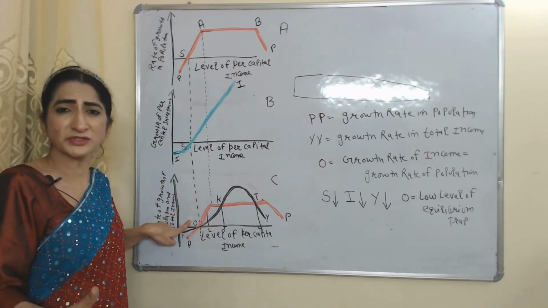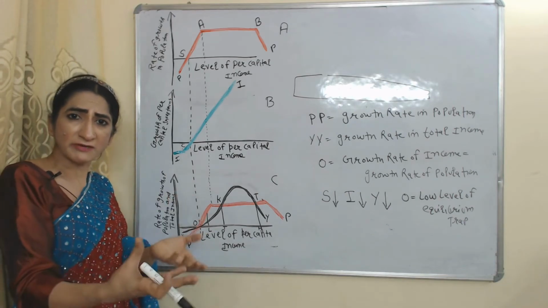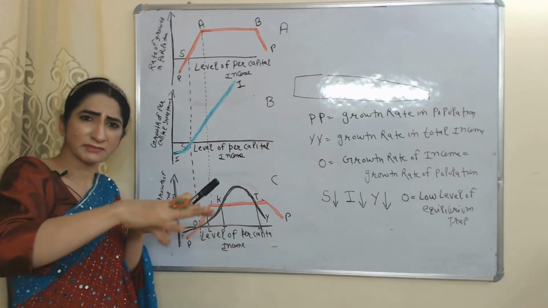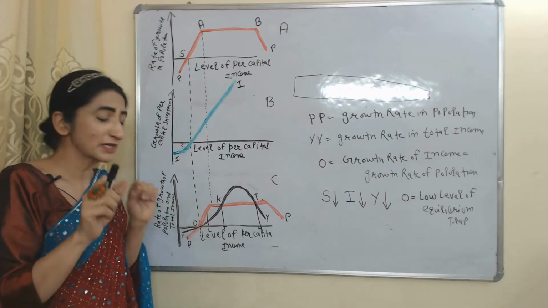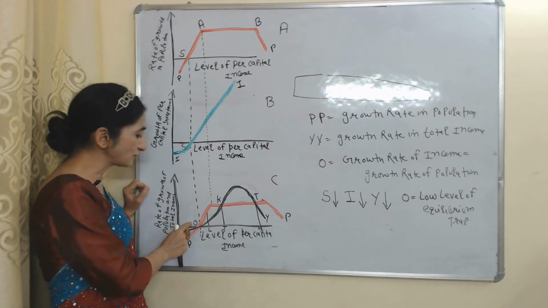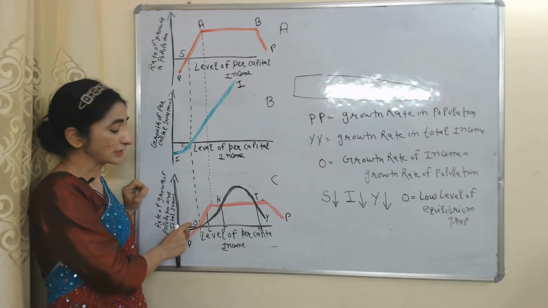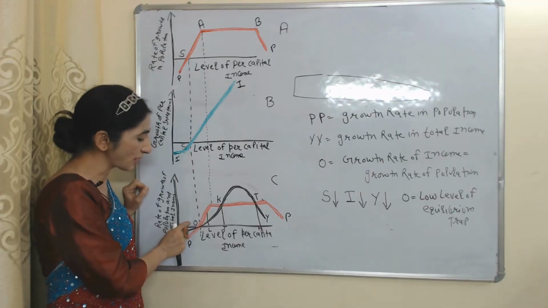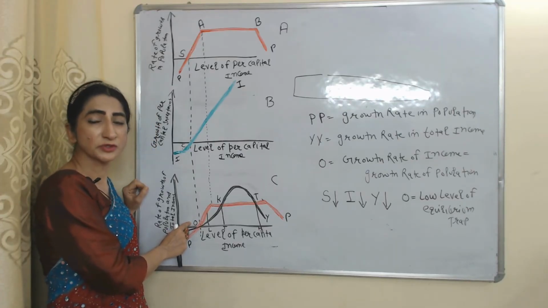If no investment, that means no output, no employment. Eventually our economic growth will always remain down, or we can say that our national income will always remain down. That's why this point O is called the low level of equilibrium trap. As we discussed earlier, in order to come out of this trap, the growth rate of income should be more than the growth rate of population.